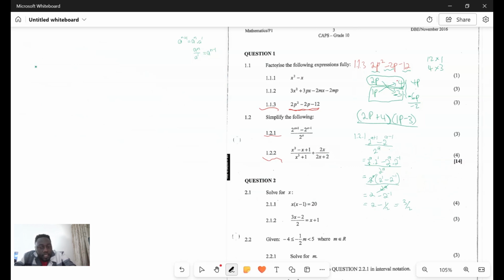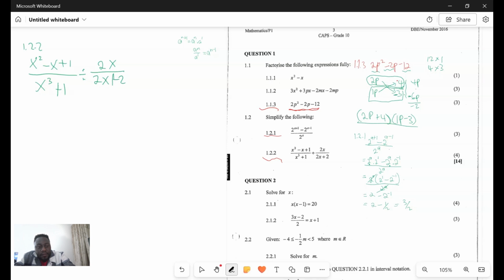And then let's come to this part again. You've got x, which is 1.2.2, and then you've got x squared minus x plus 1 divided by x to the power of 3 plus 1, and it's dividing 2x all divided by 2 to the power 2x plus 2.